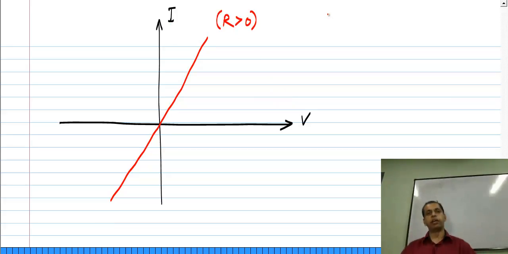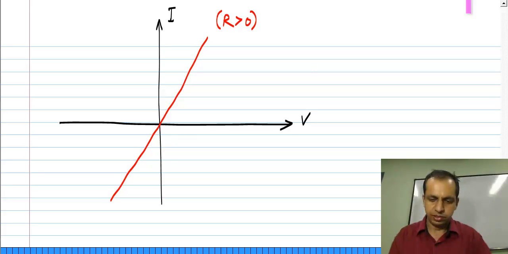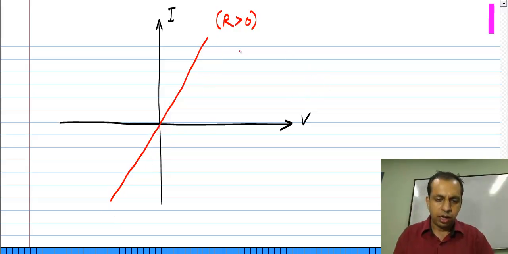Okay. We do not consider negative resistances here, we consider physical resistors here, which have a positive resistance. So, now the characteristic is a straight line which passes through the origin. So, that means that it lies in the first quadrant and the third quadrant. And in the first quadrant, of course, both V and I are positive. So, the product is positive.